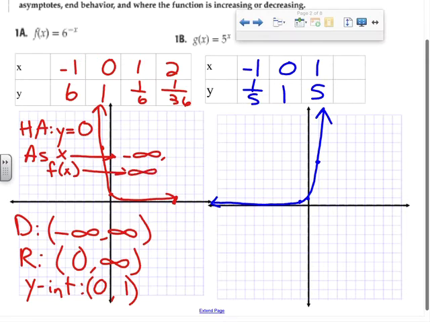So that's positive infinity. As x approaches positive infinity, f of x approaches, well, I mentioned the further right I go, my graph is flattening out towards 0.